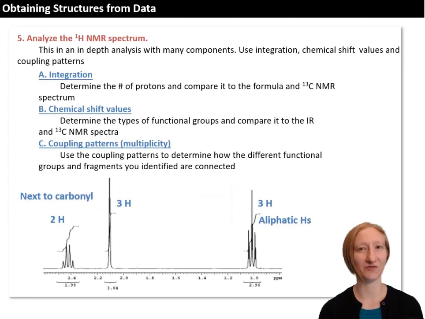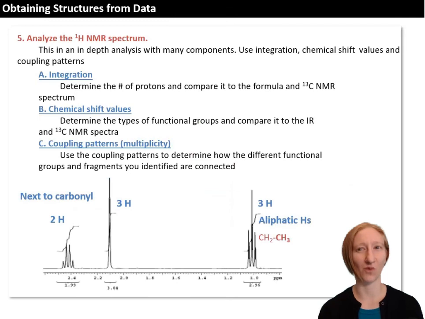Starting with the most upfield peak, this is a triplet, which means it's next to 2 hydrogens, or a CH2 group. So I can draw a partial structure that's a CH3 bound to a CH2. I'll bold the CH3 to remind myself that those are the protons giving rise to the signal, and the CH2 protons are simply next to it, or indicated by the splitting.